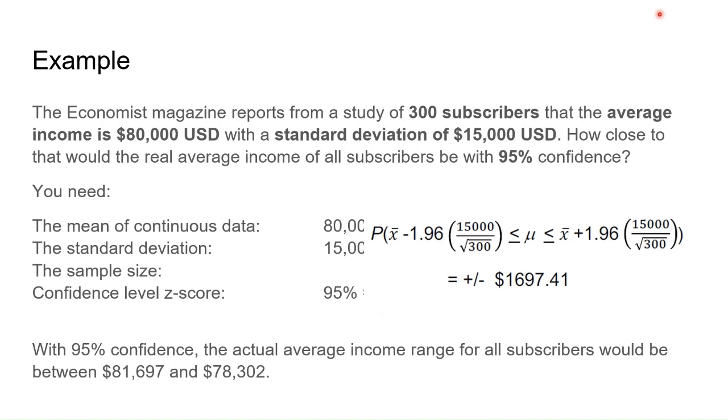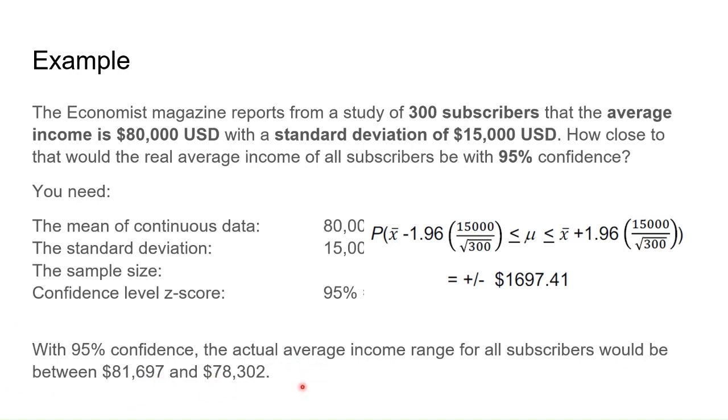If we plug the numbers into the formula, we will get a value that is plus or minus around the mean. So we can say, with 95% confidence, the actual average income range for all subscribers would be between 81,000 and 78,000.